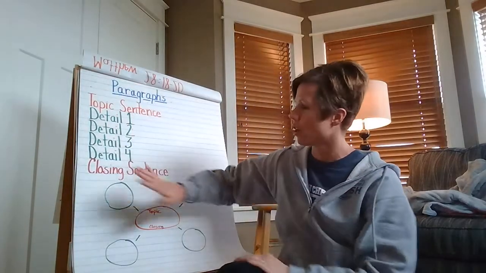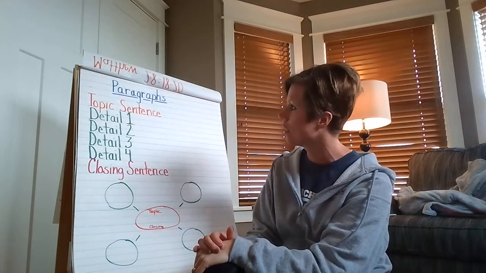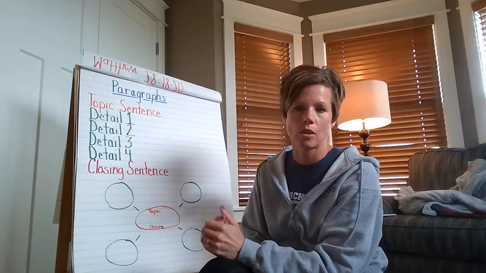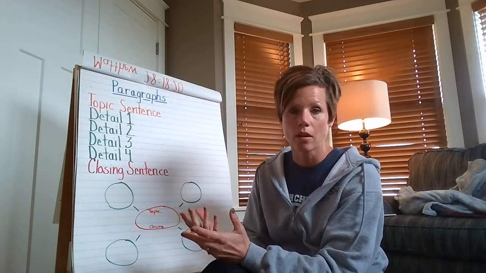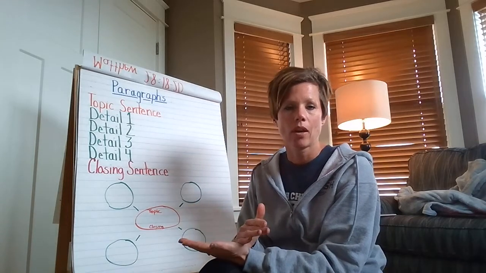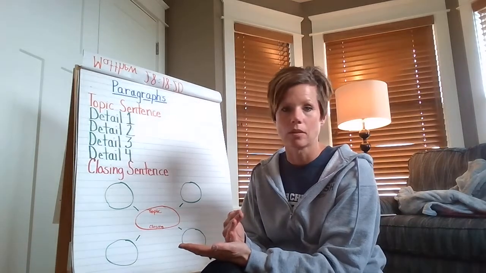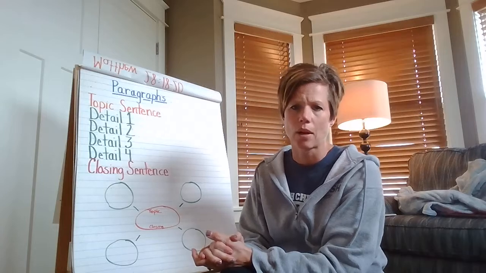So I want you to look at my chart here. We'll have this up quite a bit during the next few weeks, okay? Paragraphs have ingredients, just like when you bake brownies or a cake or make dinner, you have ingredients that you have to have. And you have to have those in a certain order, otherwise your recipe will not turn out, okay? A paragraph has the same thing. It has a recipe.